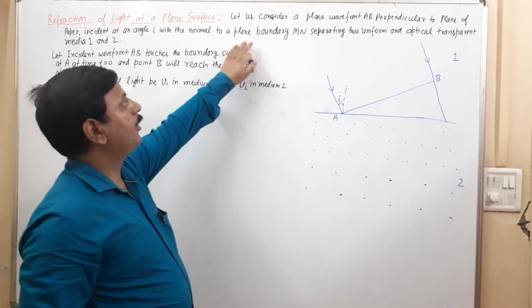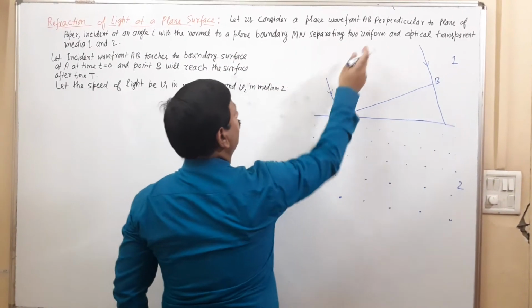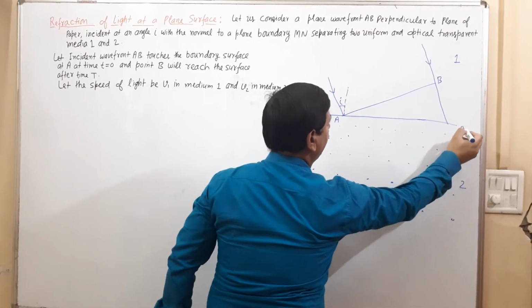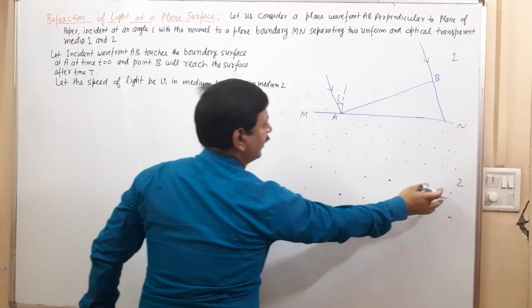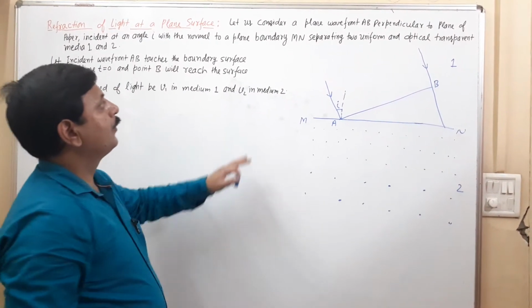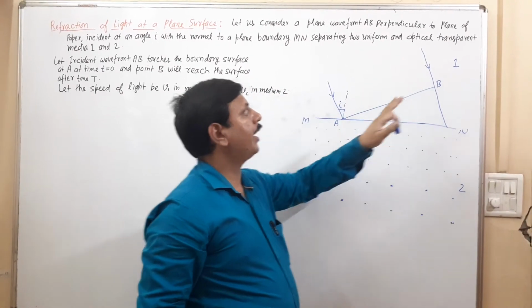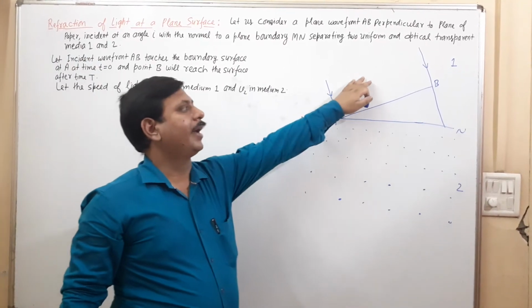The angle i is with the normal to the plane boundary MN, separating two uniform and optically transparent media, medium 1 and medium 2. This is the boundary MN.